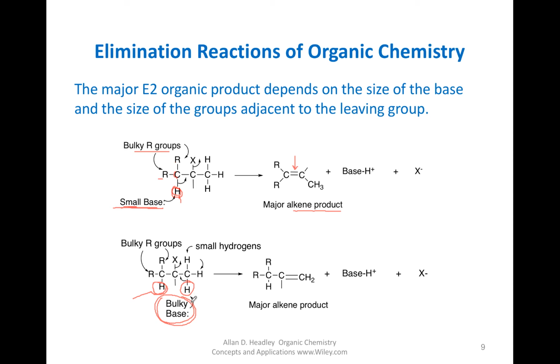So this bulky base will pull off one of these hydrogens here to give this alkene as the major product. Notice that this alkene here is not the most substituted alkene. You'll see in the book that's referred to as the Hofmann product. So the major product of a reaction depends on the size of the base that's used.